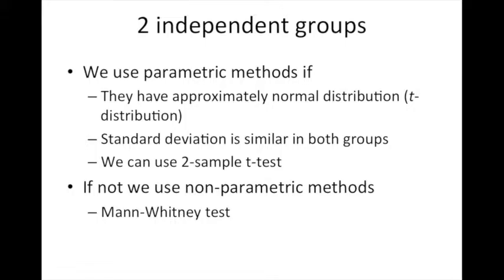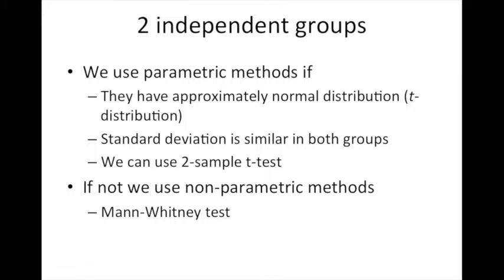And also the standard deviation in these two groups should be similar to be able to use parametric methods. And also we can use the two-sample t-test because these are two different samples. We also have another t-test called paired, which is used if the two groups are the same people at two different times. And if none of those criteria is available, then we cannot use parametric.